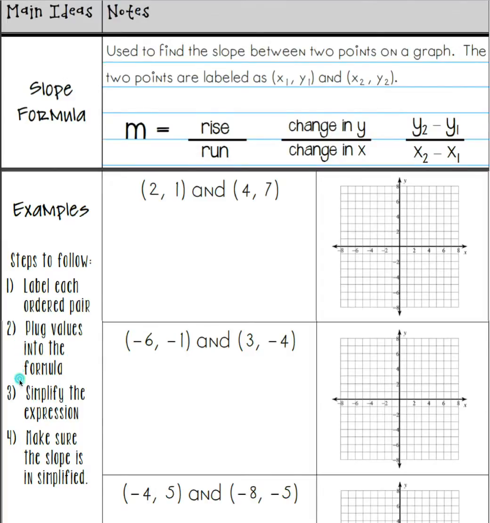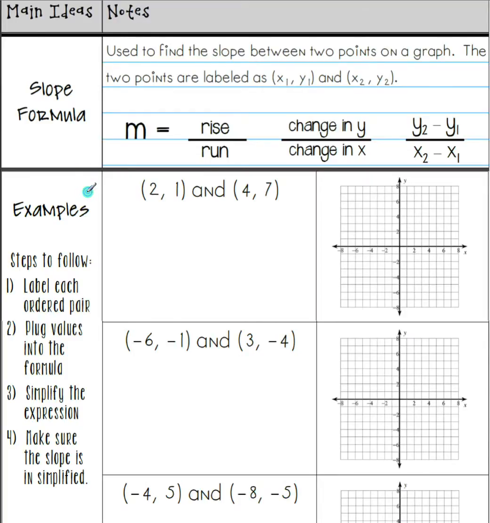When we plug the values into the formula, then we're going to simplify that expression. And after we evaluate that expression, we need to make sure that our slope is simplified as well. We're going to go through these steps as we work through these examples together today.